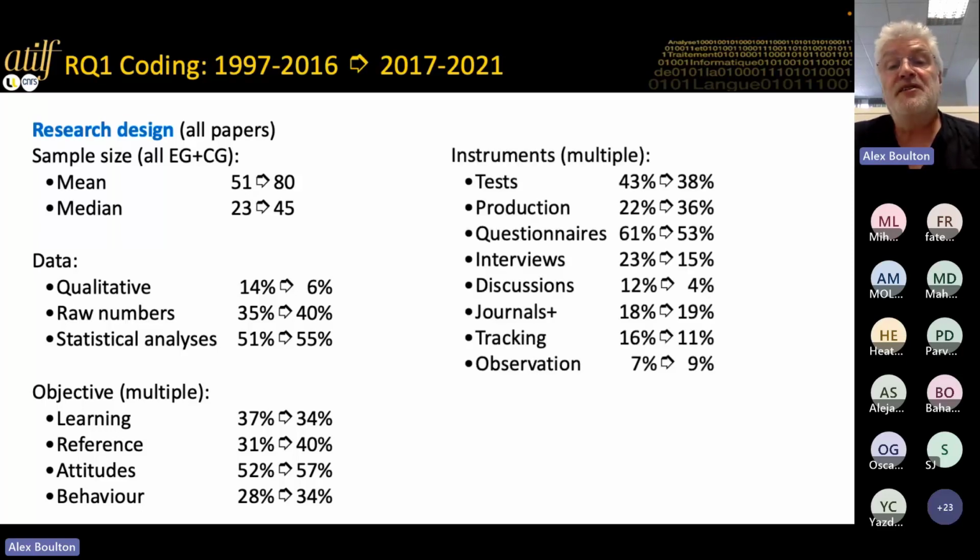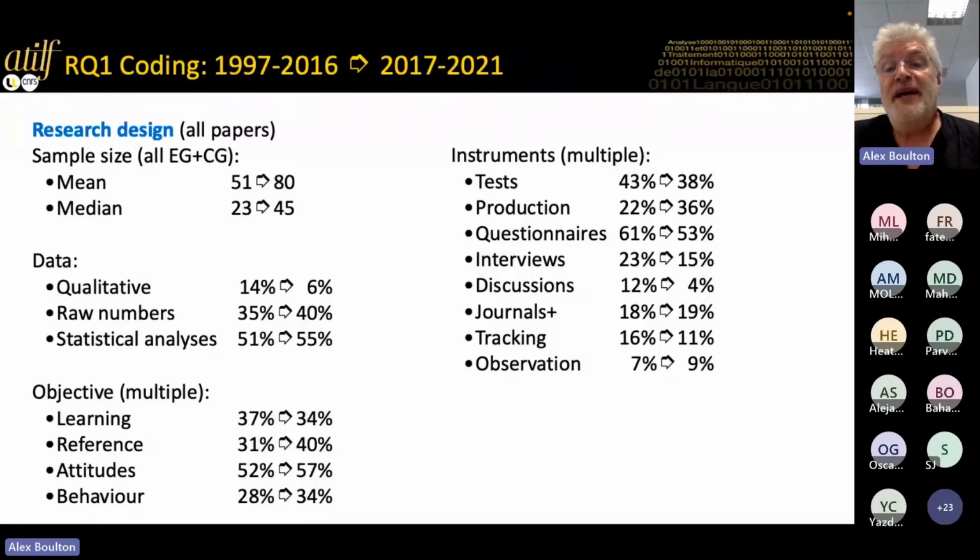And that also connects to the actual instruments used. So for learning and reference for outcomes, you've got tests or production. So perhaps we're moving a little bit away from pre-test, post-test, or just tests with closed answers that are given, to analysis of learners' production. So in particular written production, but it could also be speaking production.